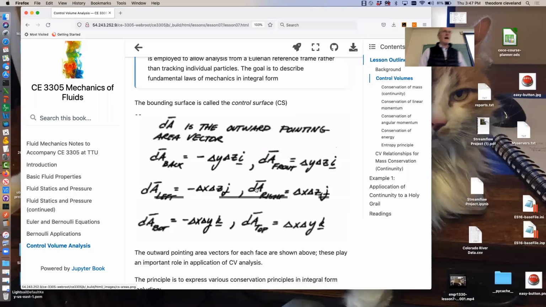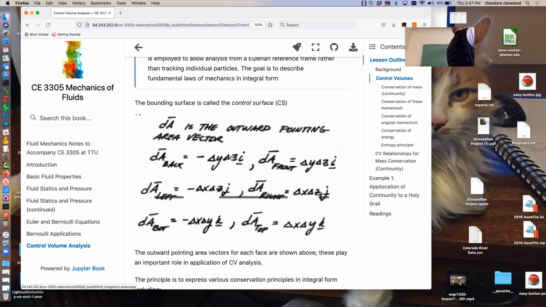So if we were to look at that outward pointing area vector, on that particular parallelepiped we had 6 faces: a back face, a front face, left face, right face, bottom face, and a top face. And those area vectors have magnitude. In this case, it would be associated with whatever the 2 dimensions of the face are. So for example, the back face is delta y units in the left-right direction and delta z units in the up-down direction. The product of those 2 is an area, and the back face is pointing in the minus x direction.